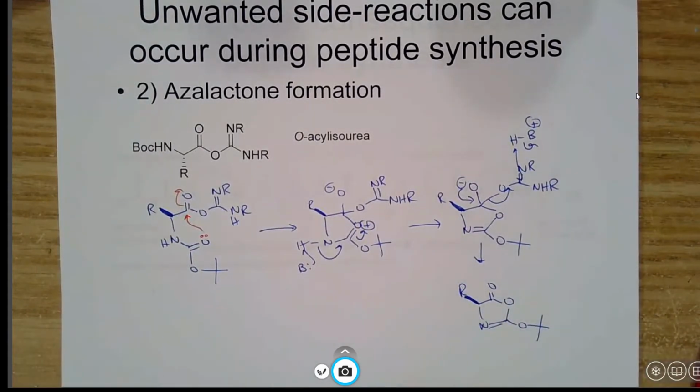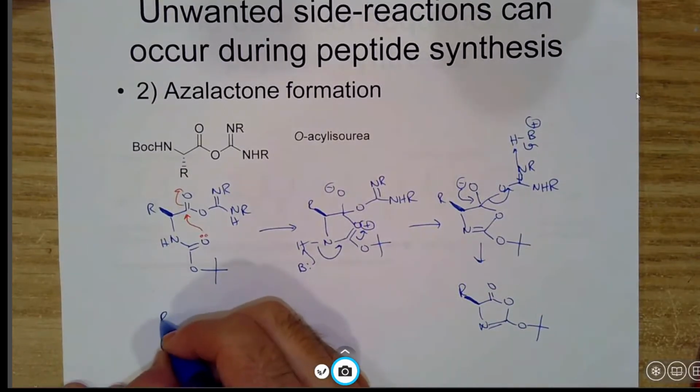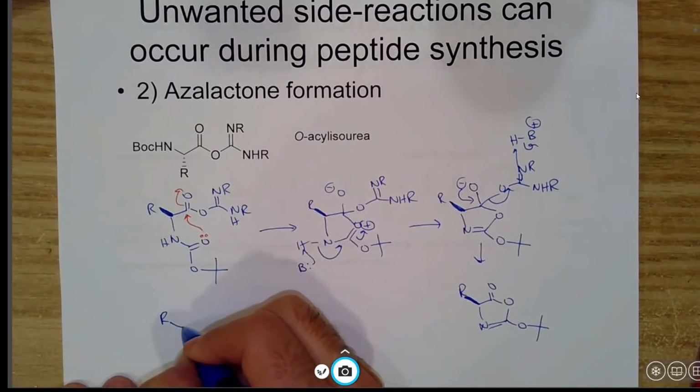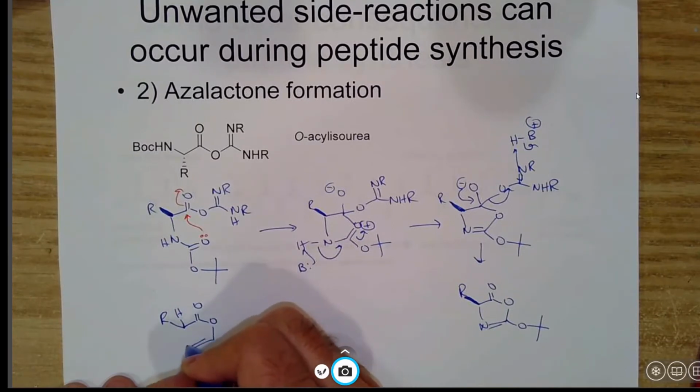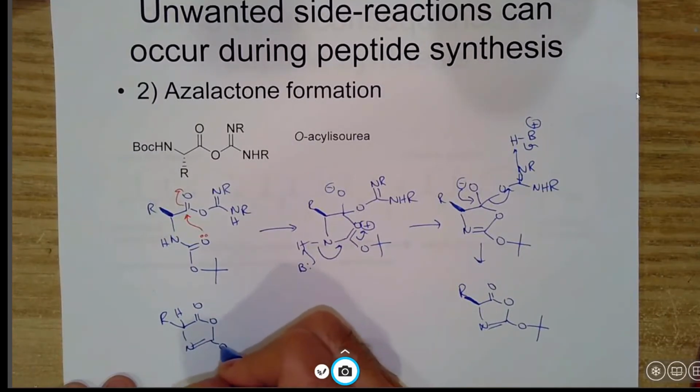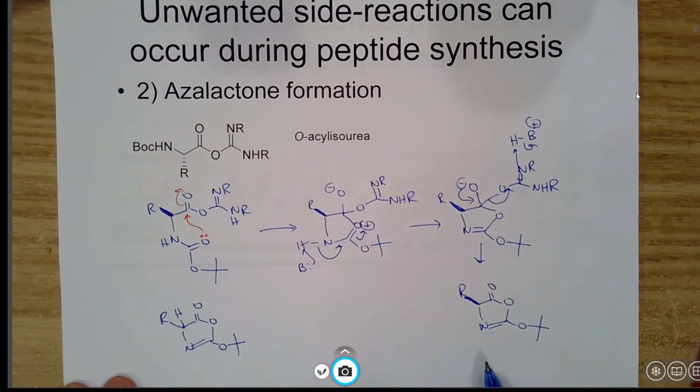However, if you let this sit around too long, what will happen is that you'll end up with a racemic mixture at that position. So one of the consequences is you've now gone from something that has stereospecificity to something that loses stereospecificity.